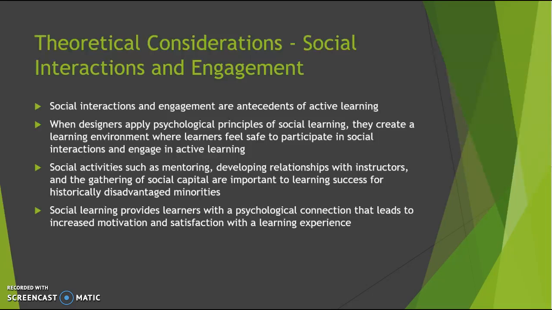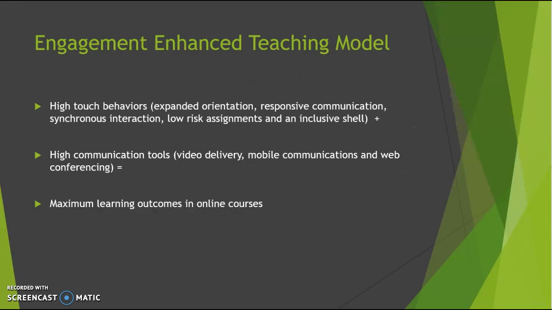This is part of the research from Dr. Roddenberry. And then social learning provides learners with a psychological connection that leads to increased motivation and satisfaction with the learner experience. Social learning is a great opportunity to really form a central part of a team and make those mental connections to help learning be enhanced.